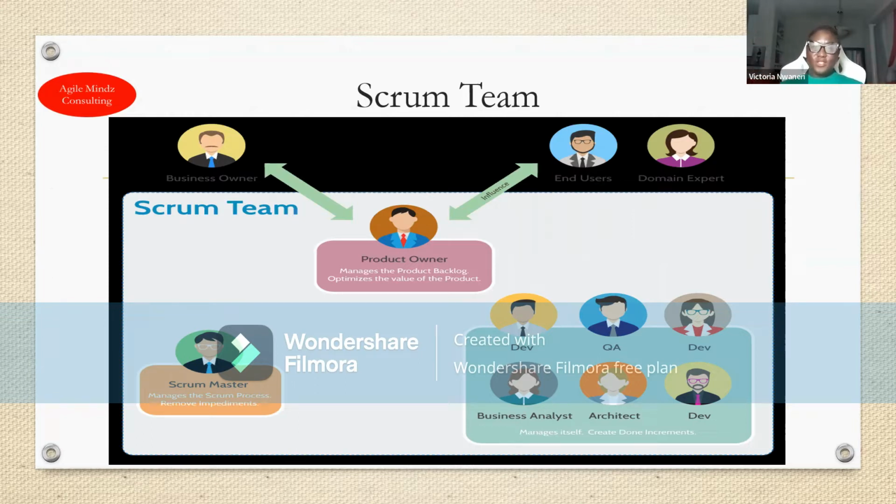Okay, so when we talk about the Scrum team, it typically consists of three main roles. What are those three roles? We're talking about the Scrum Master, and then we have the product owner, and then of course your dev team. I also want to break down the dev team, because sometimes when we talk about dev team, we think about programmers. But it's also important to understand that the dev team does not necessarily just include coders.